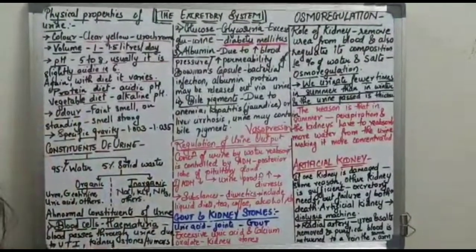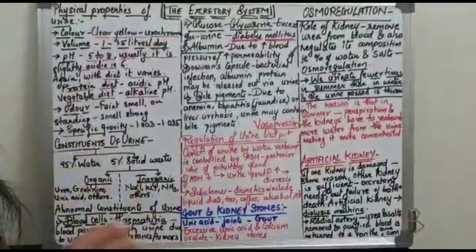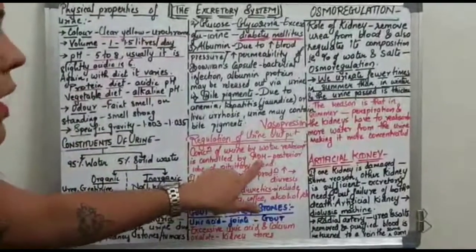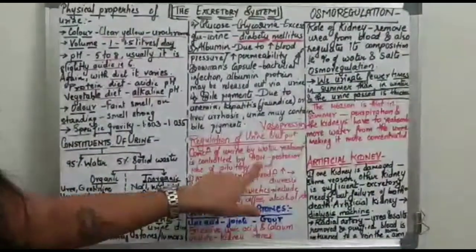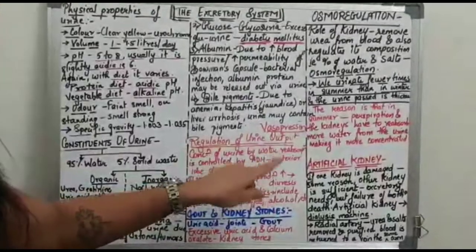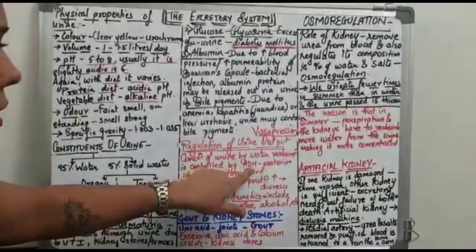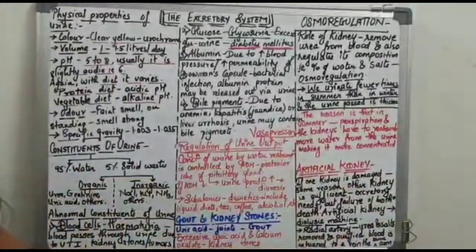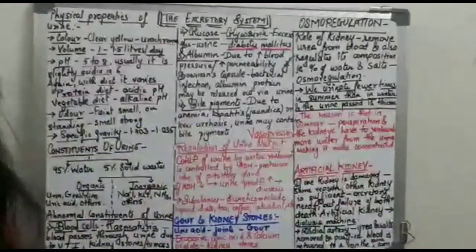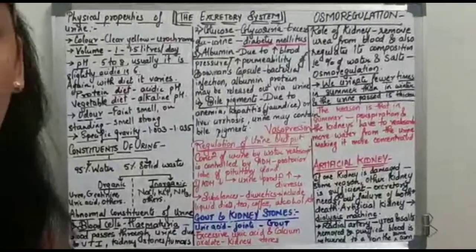The posterior pituitary is responsible for the secretion of the hormone ADH. What is the role of this hormone? It regulates the reabsorption of water from the kidney tubules.